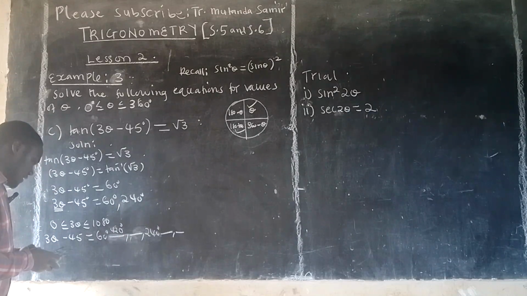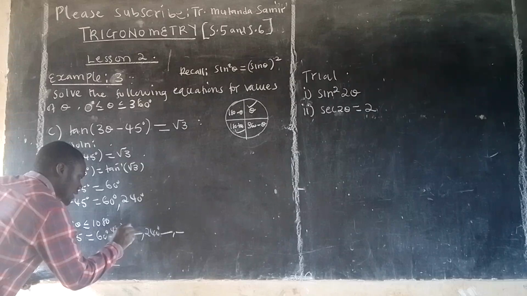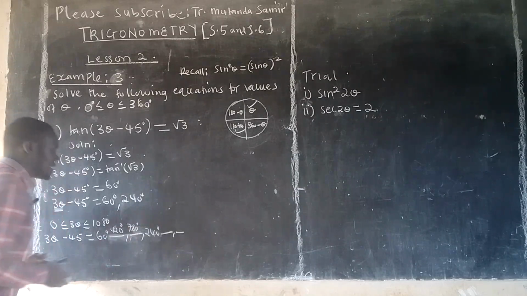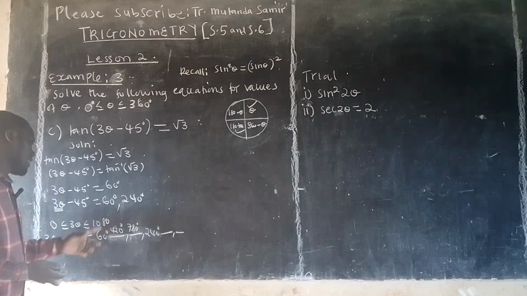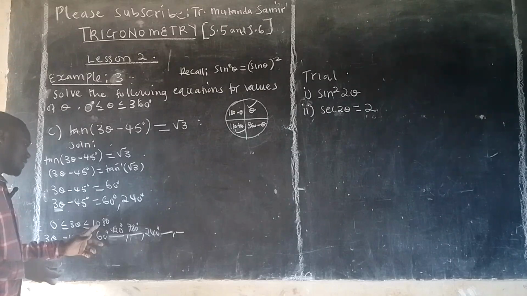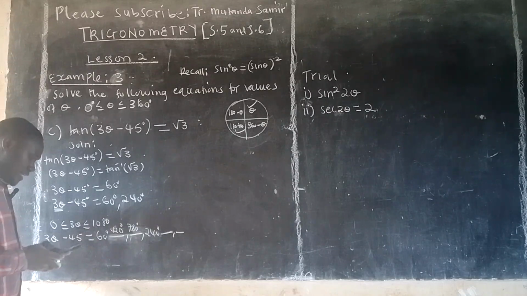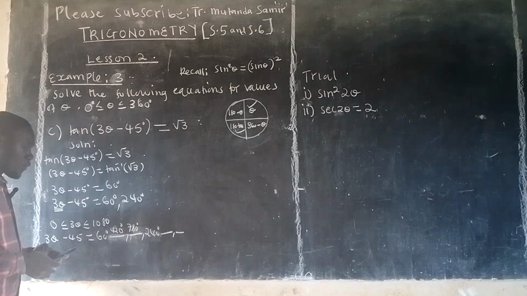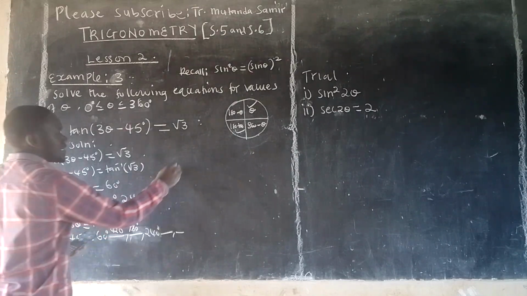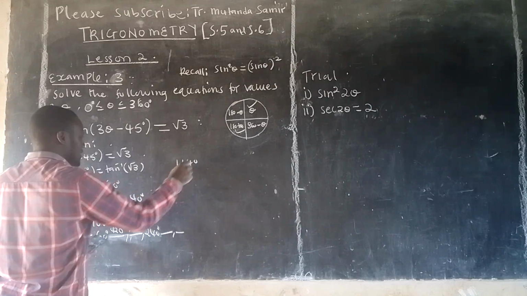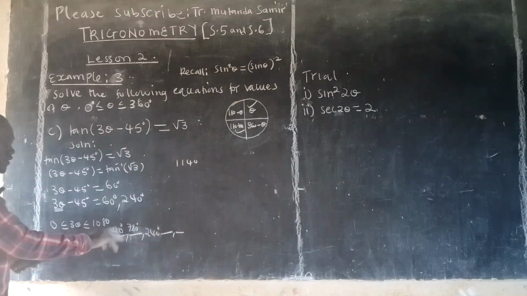Now 420 plus 360 will be 780. And you see that indeed 780 fits in this harmonized range. Now 780 plus 360 gives us 1140, and this is beyond the range, so I will not put it there.